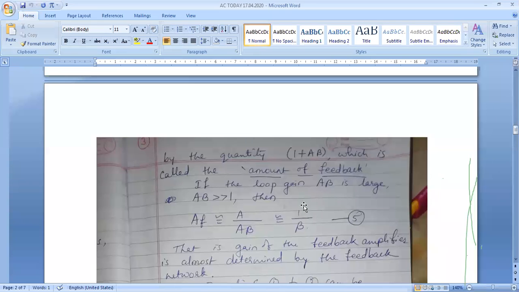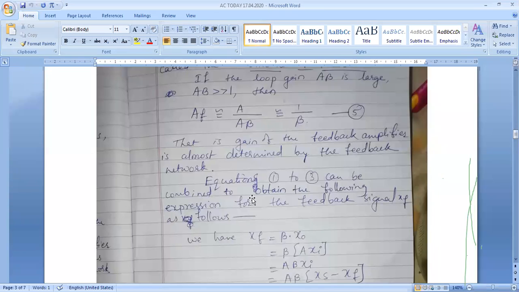Now we can see this one. Suppose A beta is very large, then A beta is much larger than 1. Now substituting in the above equation, we have AF nearly equal to A divided by A beta. A cancels. I get it as 1 by beta. So the gain of this feedback amplifier is almost determined by the feedback network.